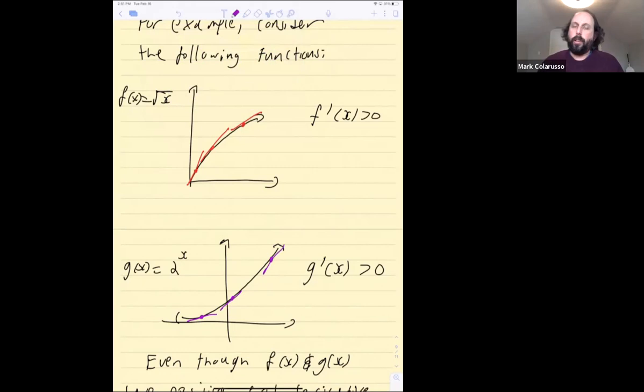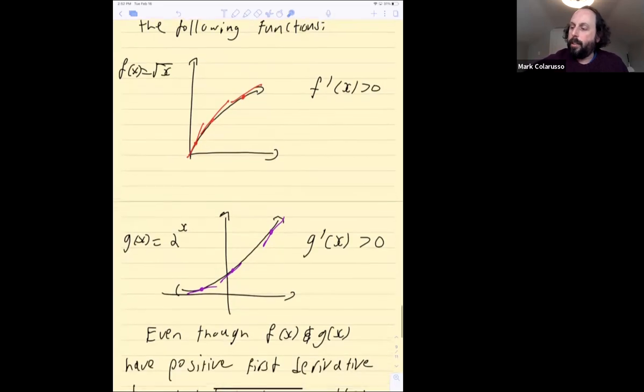Okay, so if we look at the tangent lines on these 2 graphs, we see that they are very, very different. Here, for the root curve, the tangent lines start out large and positive, right? So there's a very large positive slope here, it's very sharp. And then the slope tends to slowly flatten out.